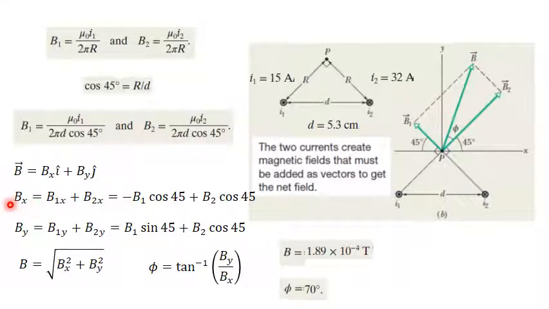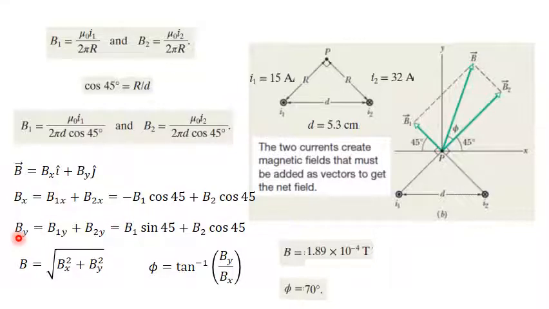The total magnetic field in X direction is B1X plus B2X, and B1X is in negative X direction, so it is minus B1 cosine 45 plus B2 cosine 45 in positive X direction.